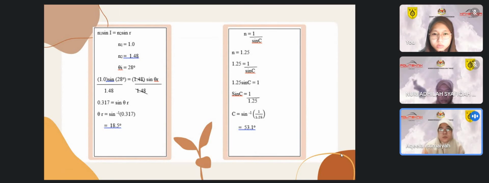So inserting into the formula, 1.25 equals 1 over sin c. The total value for the critical angle is 55.1 degrees.